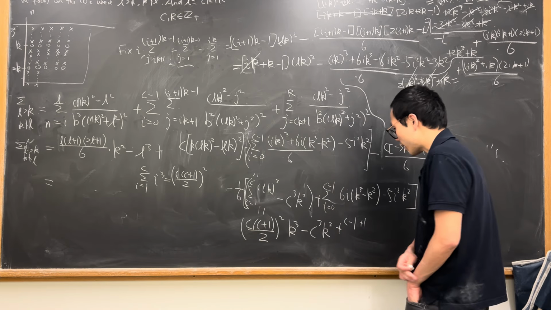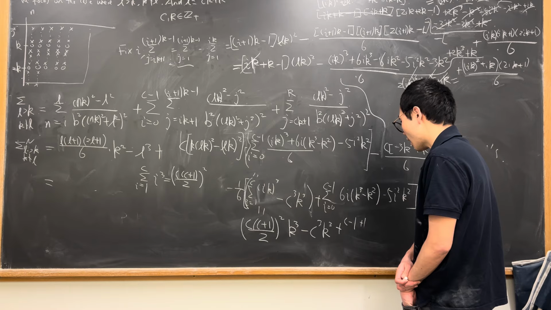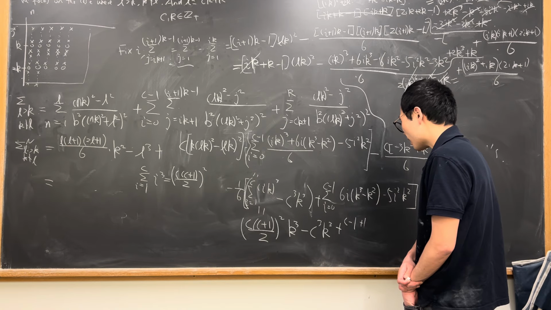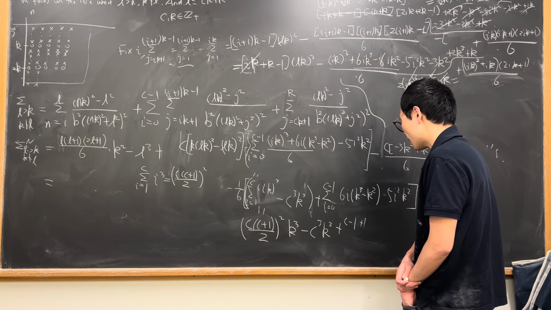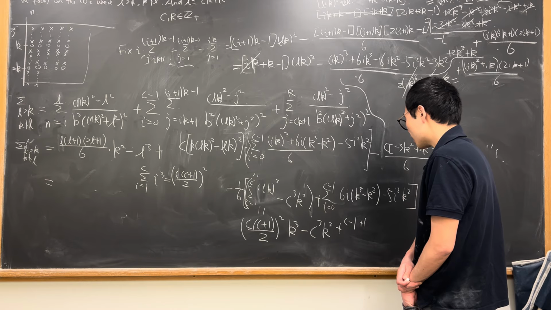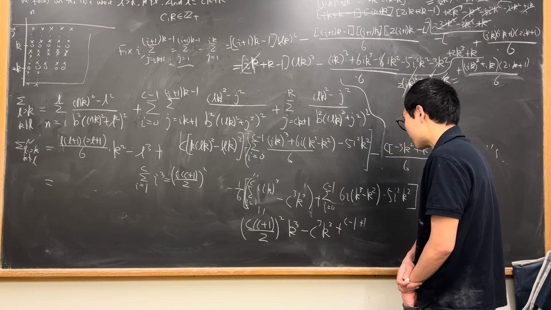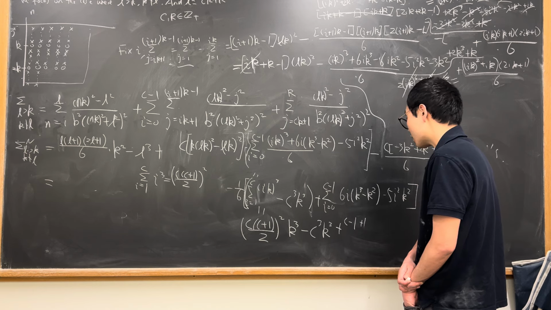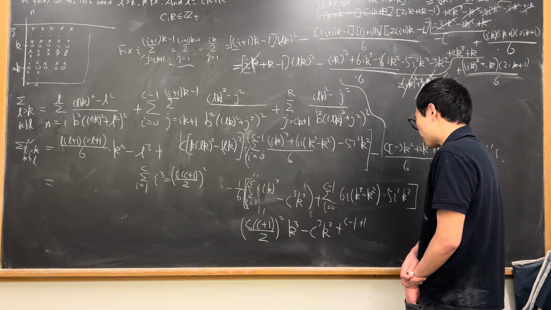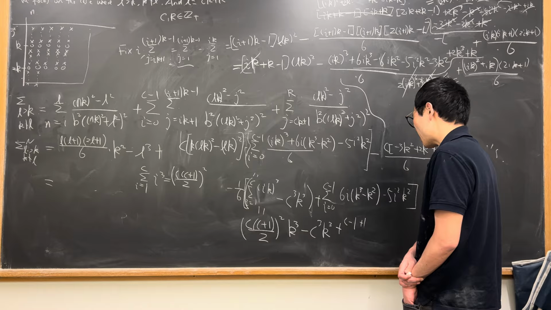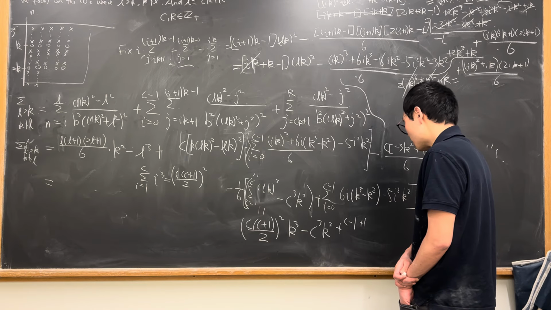I am assuming that this sum starts at 1 and ends at c minus 1. Therefore there are a total of c minus 1 terms.